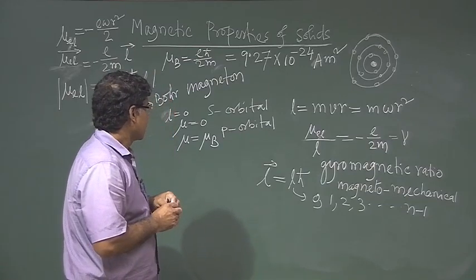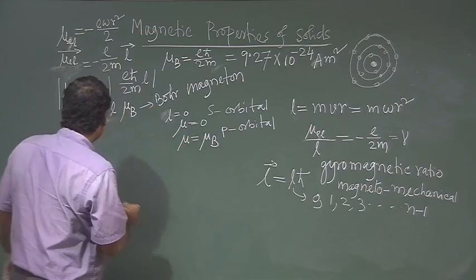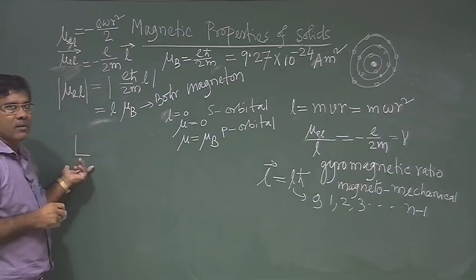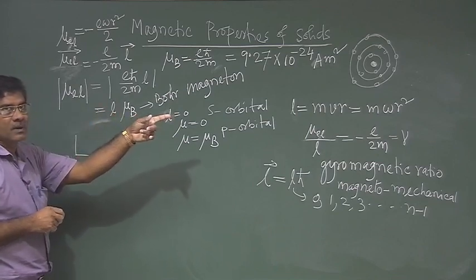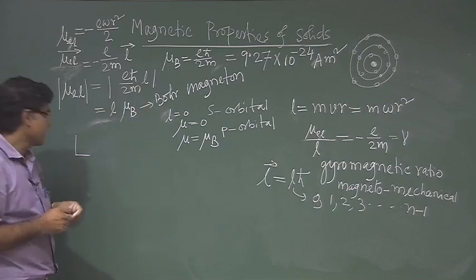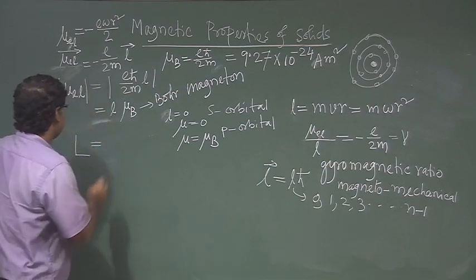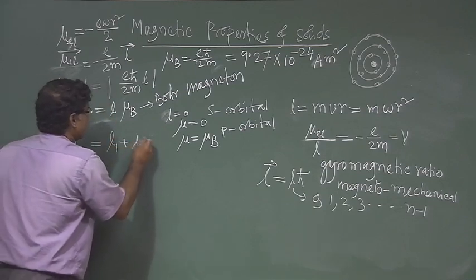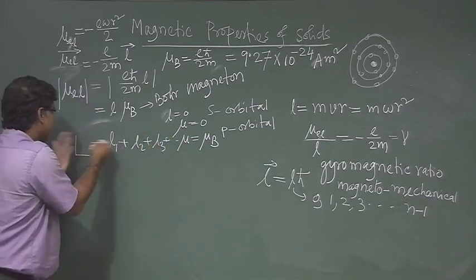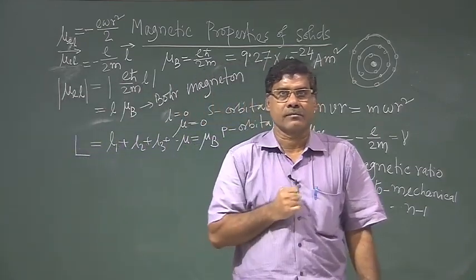Instead of just adding the magnetic moments, one can find the resultant angular momentum for this atom, coming from these different electrons in different orbitals. So this total L, resultant L, is basically L1 plus L2 plus L3, etc. Okay. So that will give the total angular momentum of this atom.